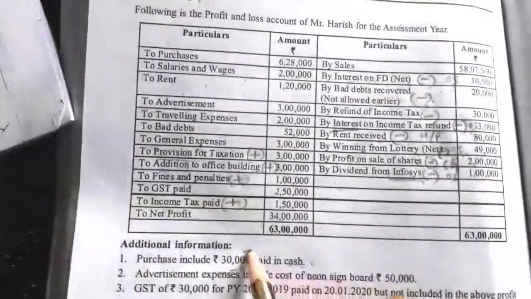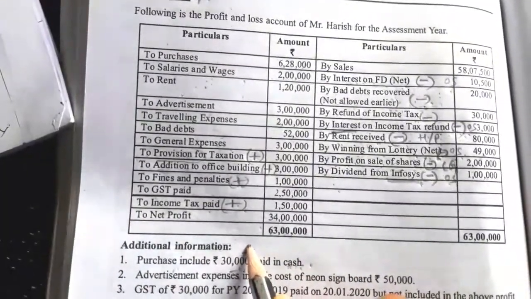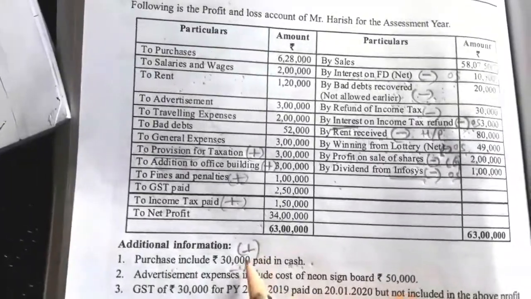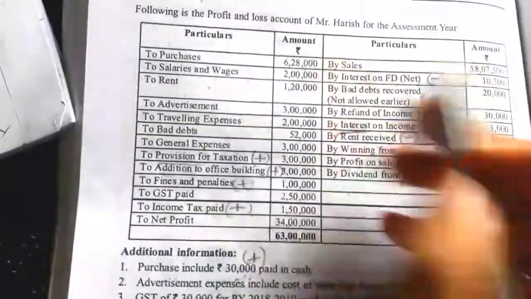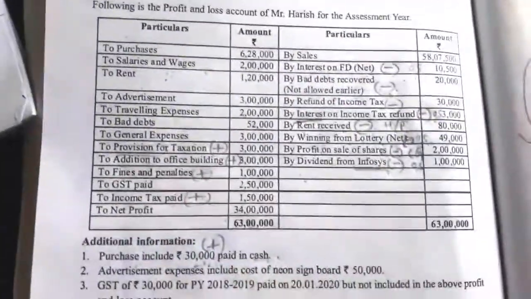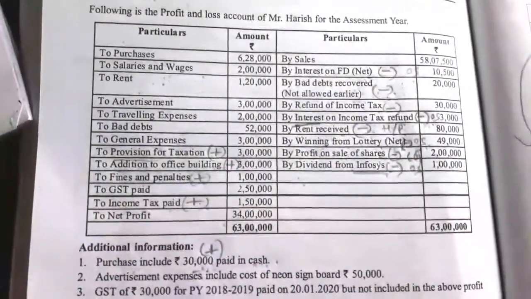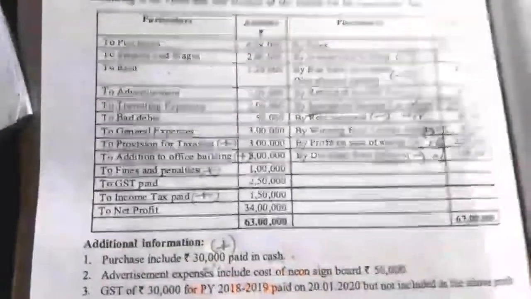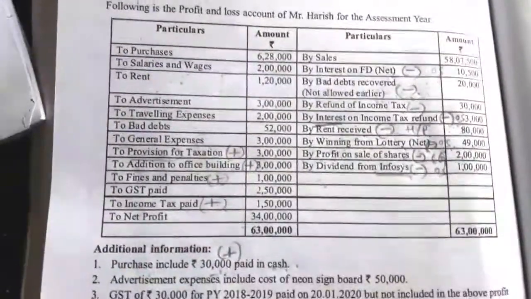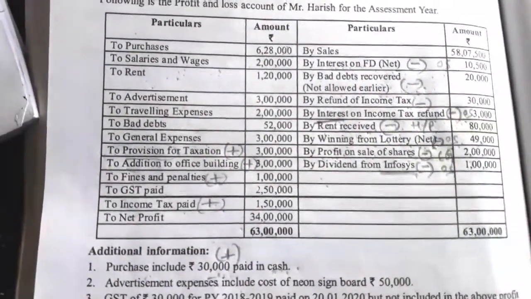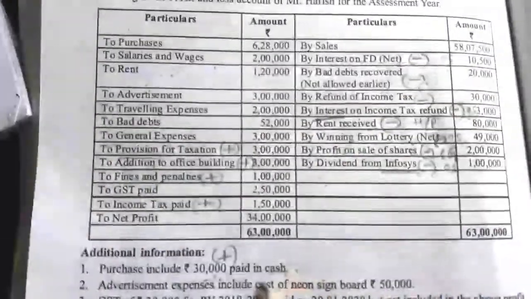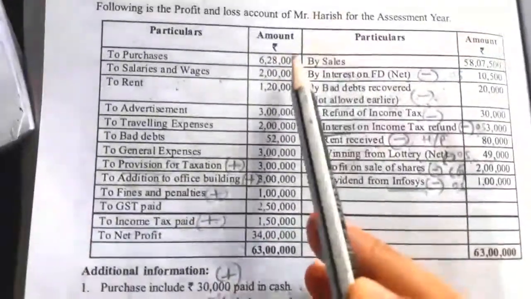So this 30,000 we have to cancel, means we have to add it to the net profit. It is actually not an allowed business expense because payment exceeding 10,000 in the form of cash is disallowed. The disallowed amount is included here, so we have to cancel it.